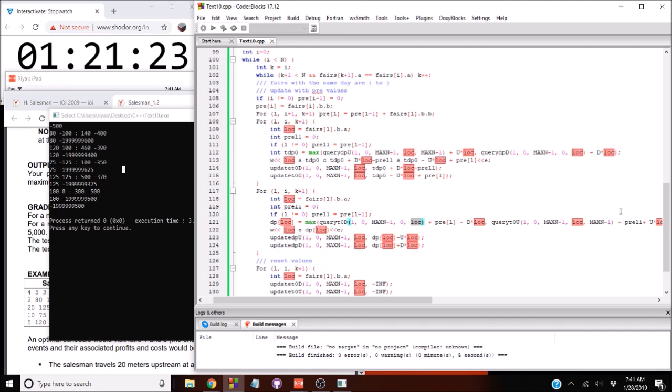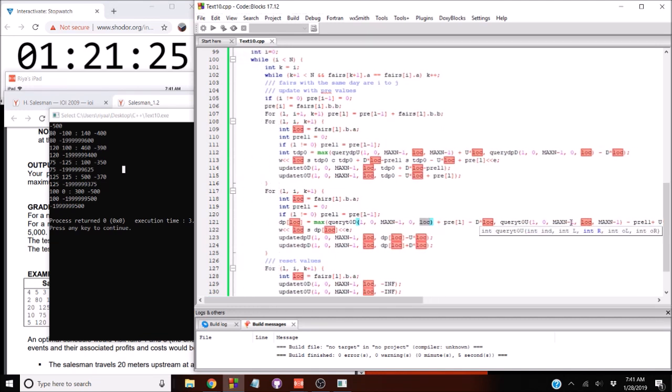And here it's inclusive, so it should be including lock and both. Okay, I'm just gonna print more stuff here.